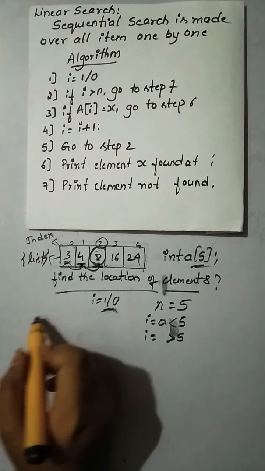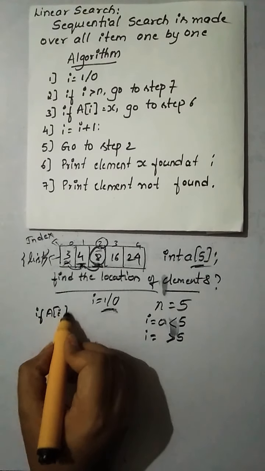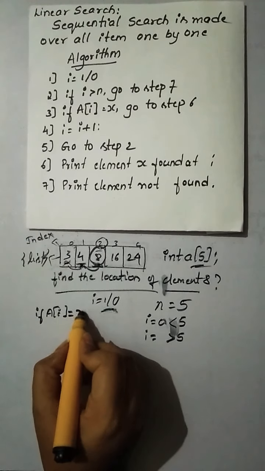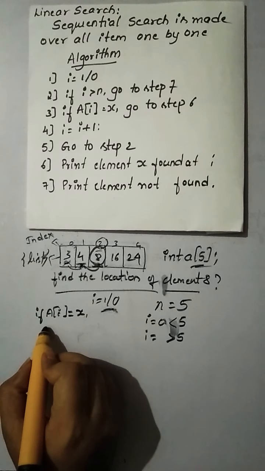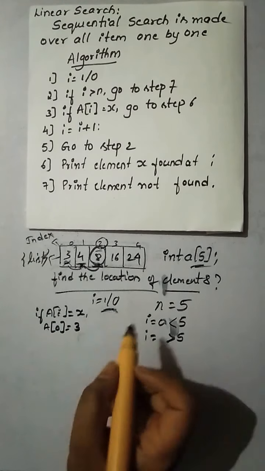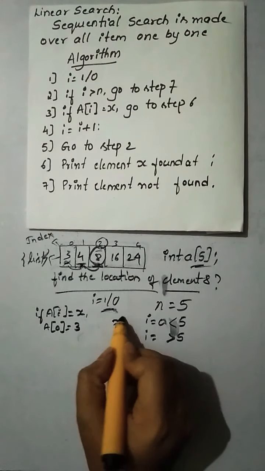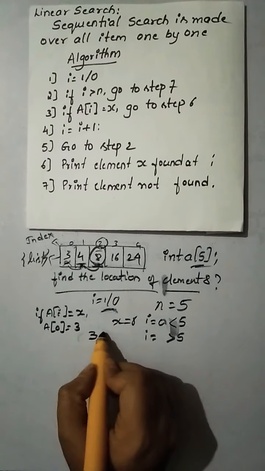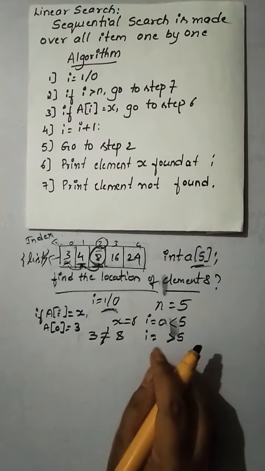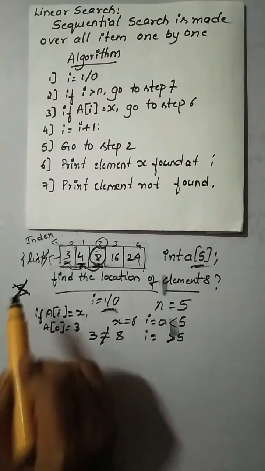What is step 3? If A of I is equal to x. What is A of 0 here? It is 3. It is not the x we want. x is equal to 8, and 3 is not equal to 8, so step 3 fails.